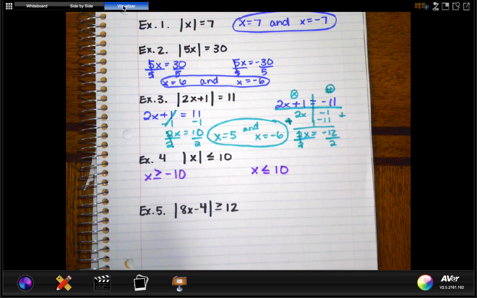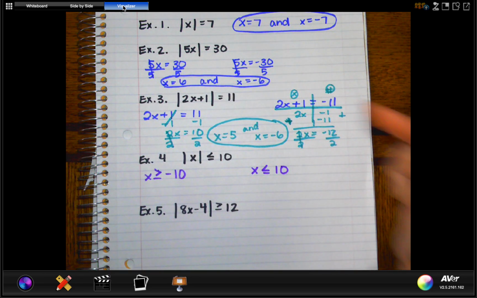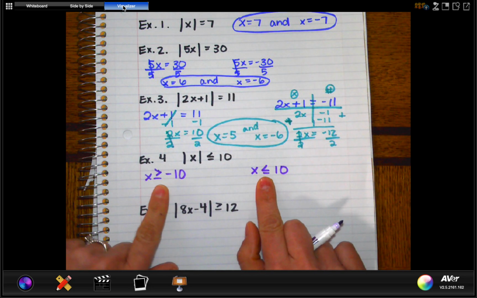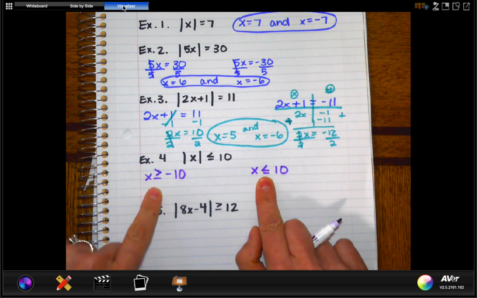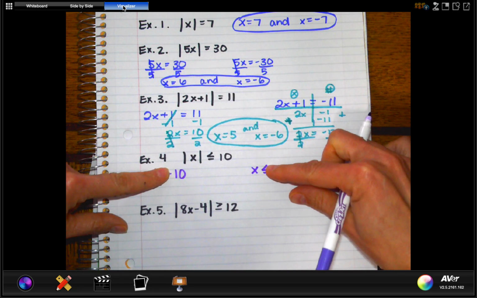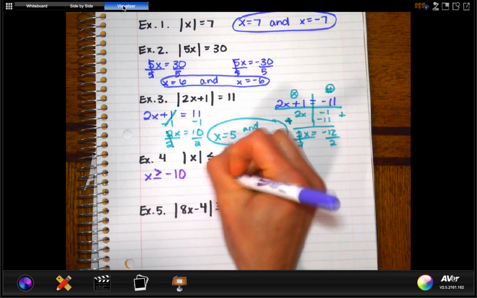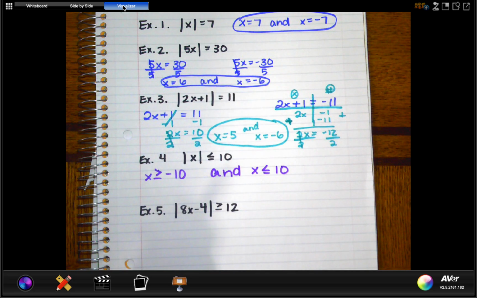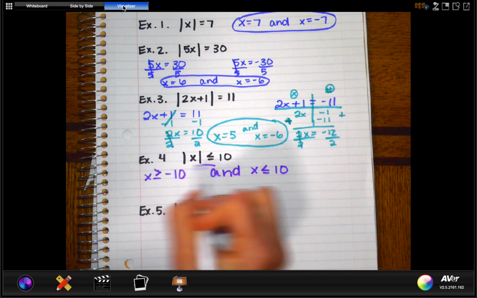So if you think about the graph, it's going to end up meeting in the middle. If we do it where the negative's on the left, we can cheat a little bit. Our arrows both point inward, meaning that this is going to be an and. We're going to say x is greater than or equal to negative 10 and x is less than or equal to 10. And this is our answer.